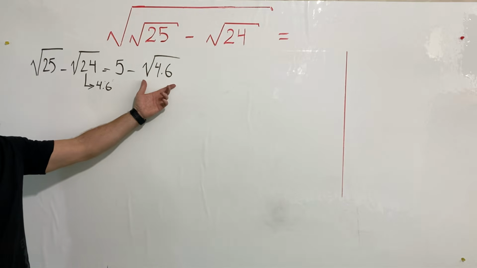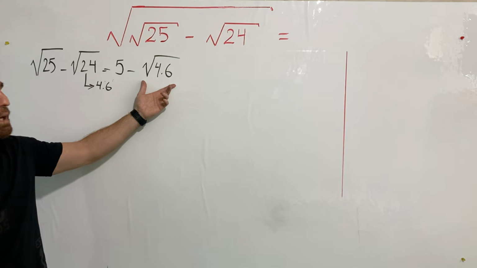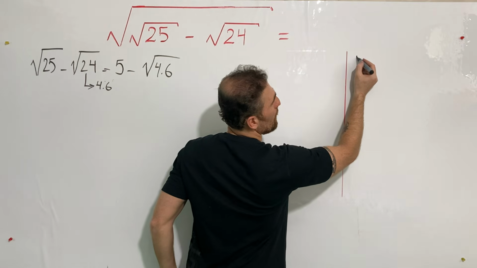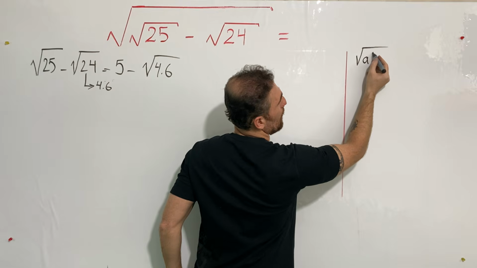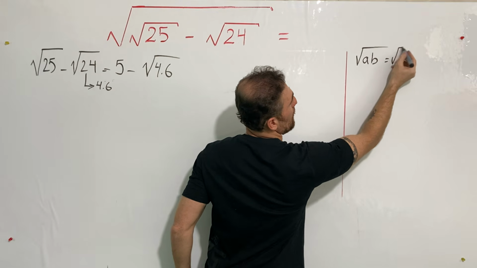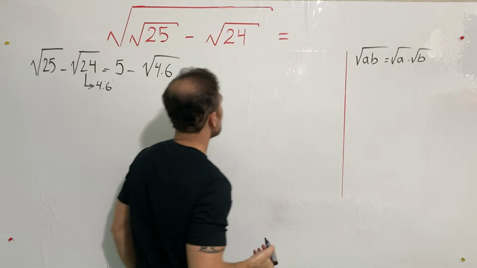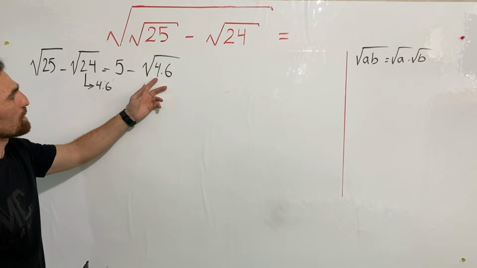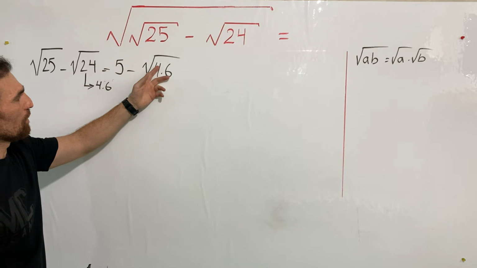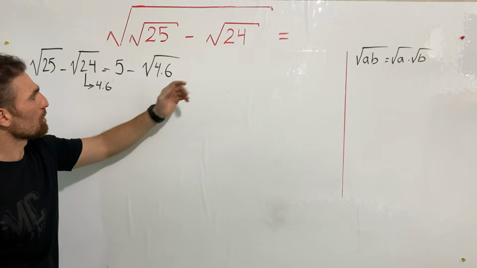But how can we calculate square root of 4 times 6? To this, I'm going to follow a math rule that says square root of a times b is the same as square root of a times square root of b. So square root of 4 times 6 is the same as square root of 4 times square root of 6.